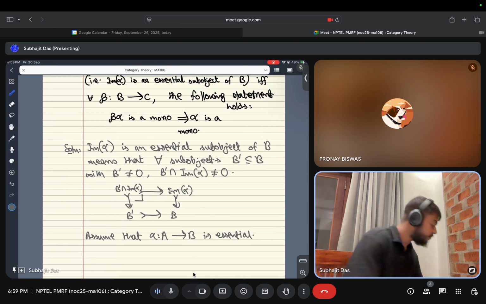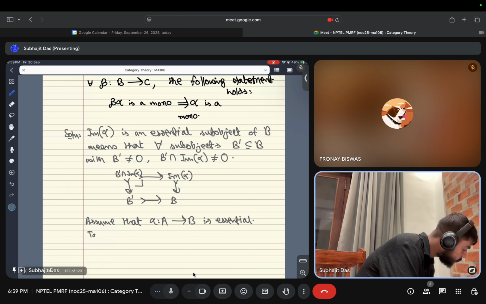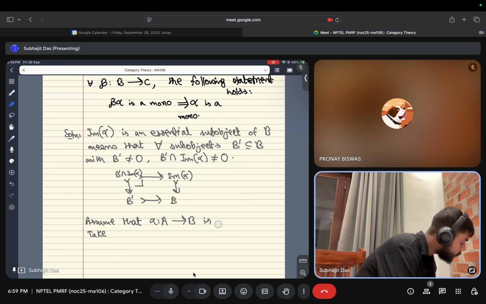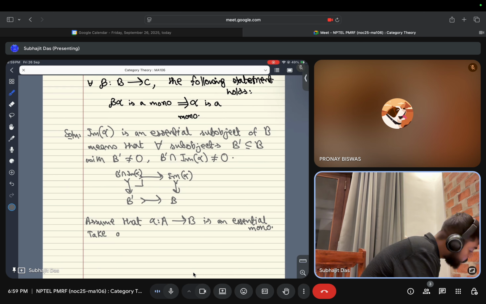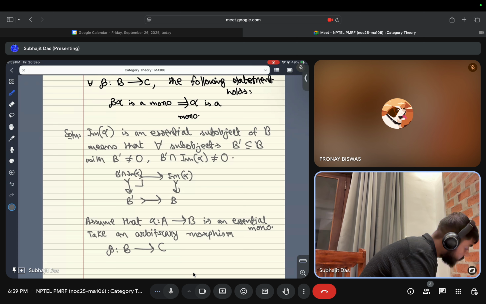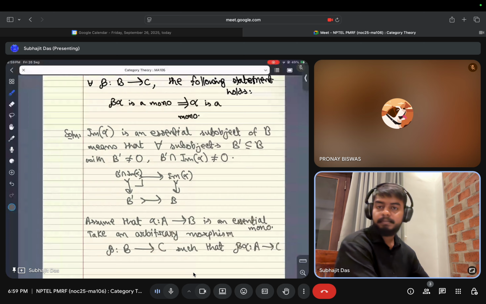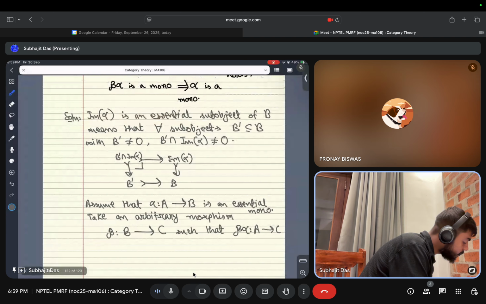Okay, so we take a morphism. So take an essential mono, and take an arbitrary morphism beta from B to C such that beta alpha, which is a morphism from A to C, so beta alpha means beta composed with alpha, is a mono.